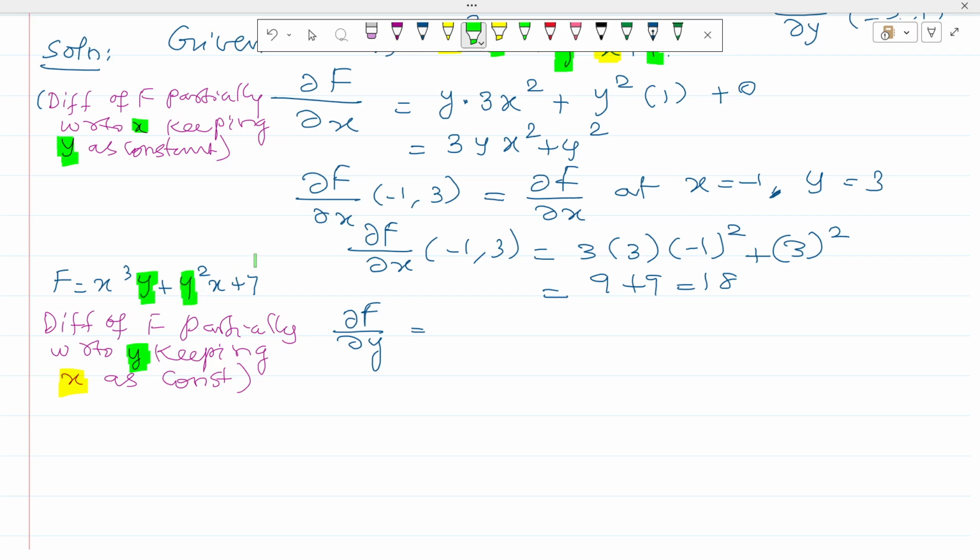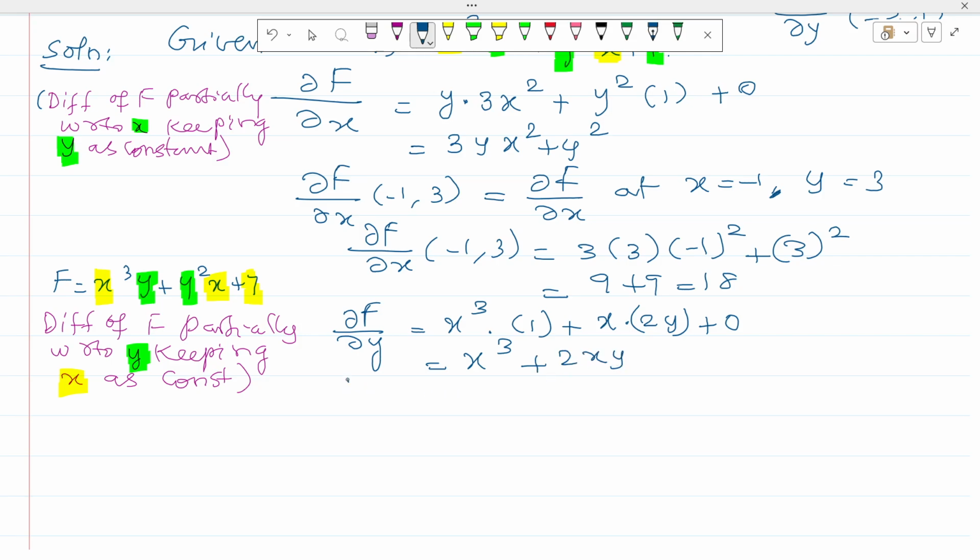Here also y is the variable. Constant is x. So wherever x and other values are, these are the constants. So now you have to differentiate with respect to y. That means keeping x cube constant, differentiation of y is 1, plus keeping x constant, differentiation of y square is 2y, plus differentiation of 7 is 0. That means you will get x cube plus 2xy.